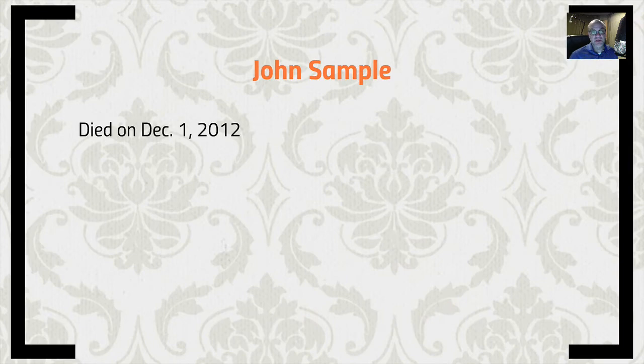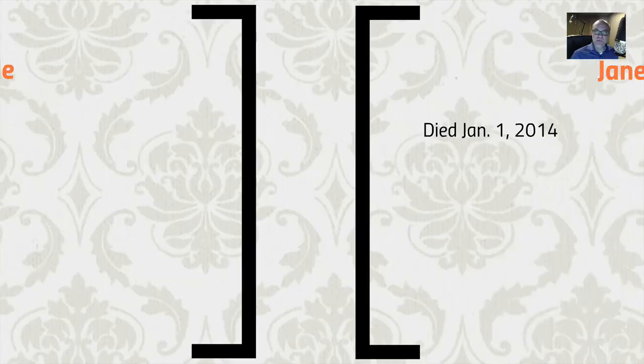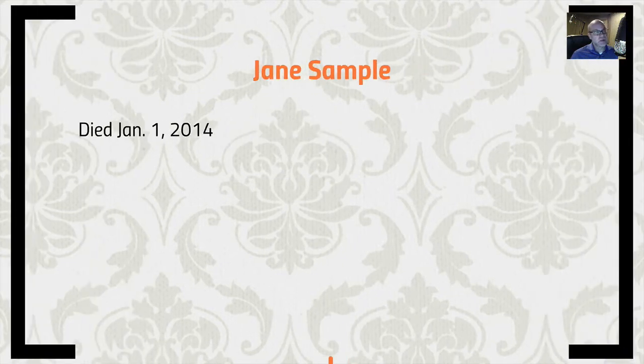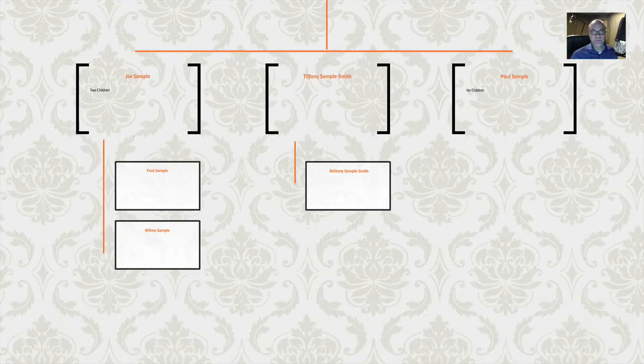And unfortunately, John Sample died on December 1st, 2012. His will provided that upon his death, his estate shall distribute to his wife, Jane. Very, very typical. Unfortunately, Jane passed away shortly thereafter, January 1st, 2014. And the question is, well, how should she distribute her estate, the second spouse to die?